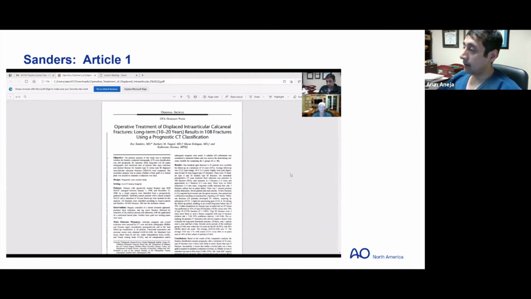And the problem is that a plain x-ray can cheat a little bit for you on the Broden's views, and you can't quite see the joint reduction if you're not doing it completely through an extensile approach. So some of these look all right on a plain film, and when you get the CAT scan, you can see that a type 3 with a sinus tarsi approach is not perfect.